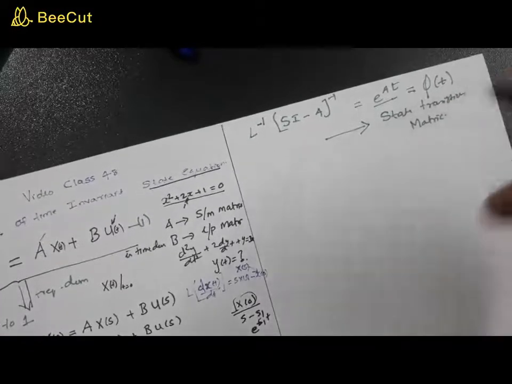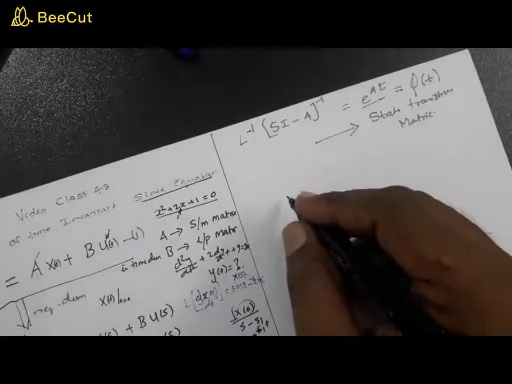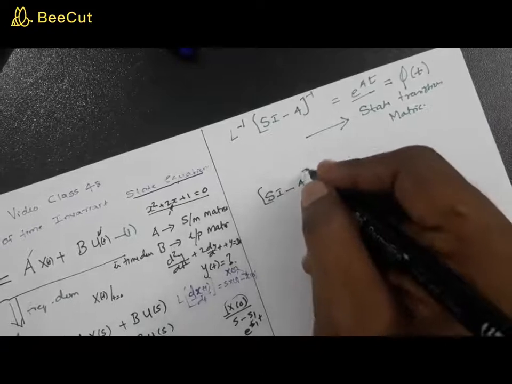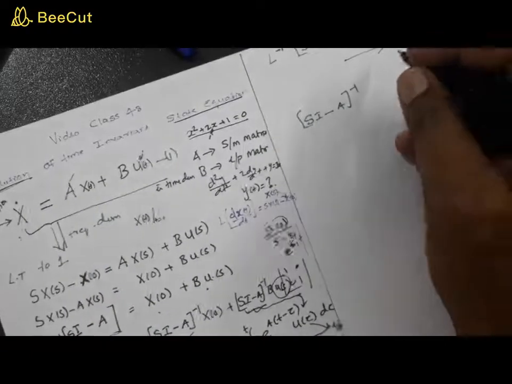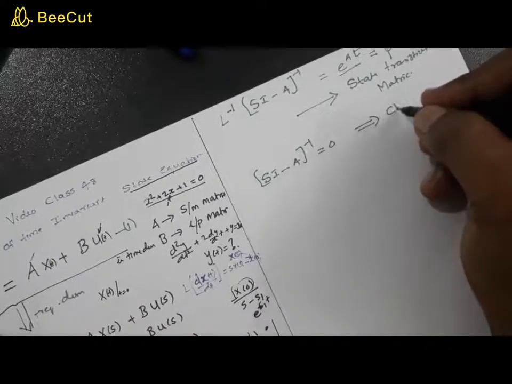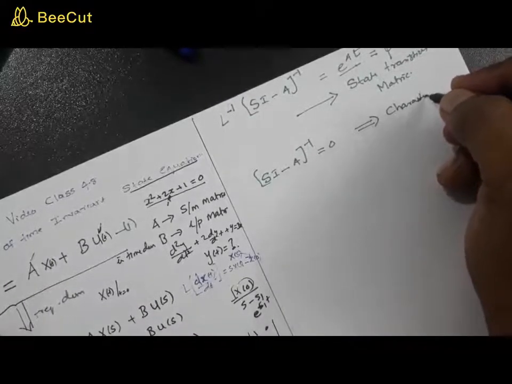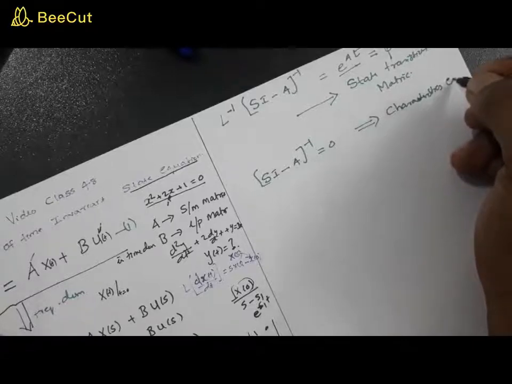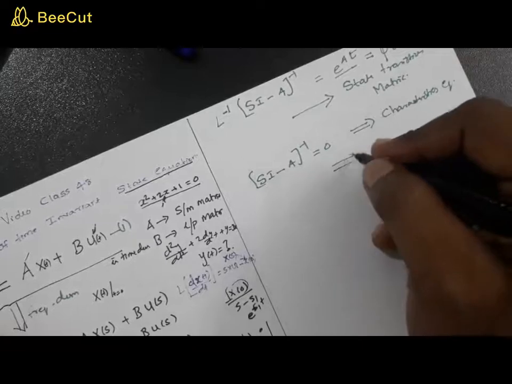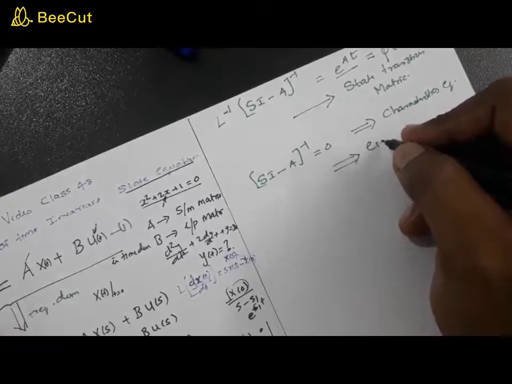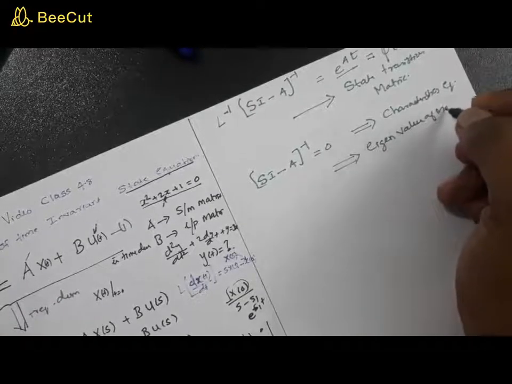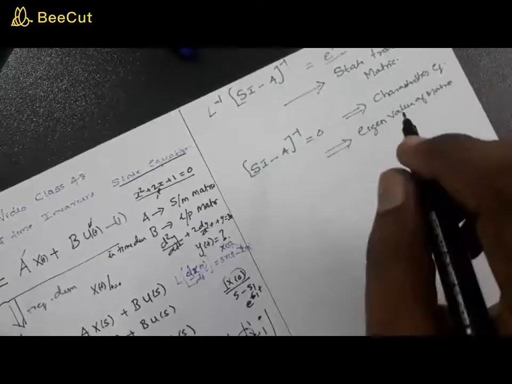Now this sI minus A inverse, that is the matrix, the inverse of this matrix. If you equate sI minus A to 0, this is called the characteristic equation, and solving this characteristic equation will give you the eigenvalues of the matrix. This will give the eigenvalues or the poles.